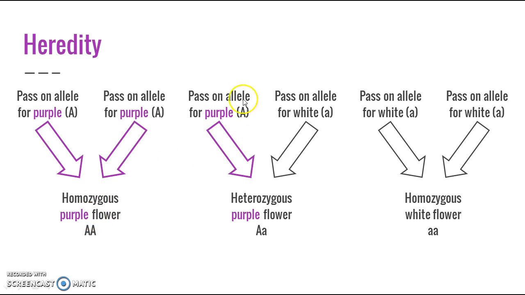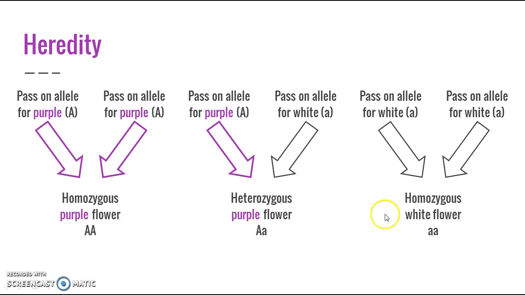We can see if an individual plant passes on a purple allele and the other parent passes on a white allele, that resulting offspring will have one of each, so they'll be heterozygous, big A, little a. Because the dominant gene is purple, this individual's phenotype will be purple. It takes on the appearance of the expressed purple dominant trait.